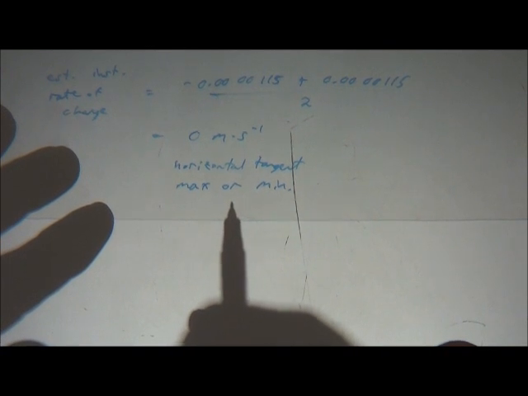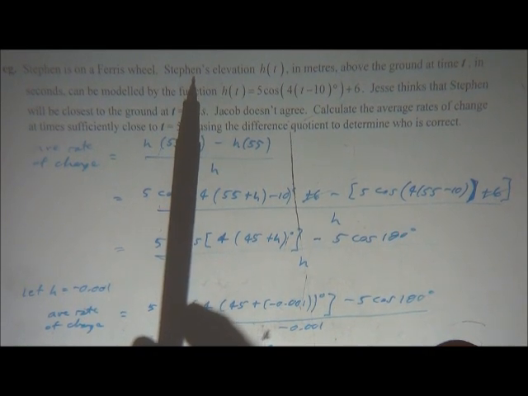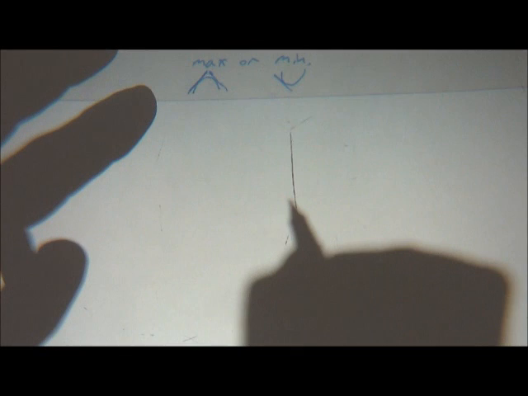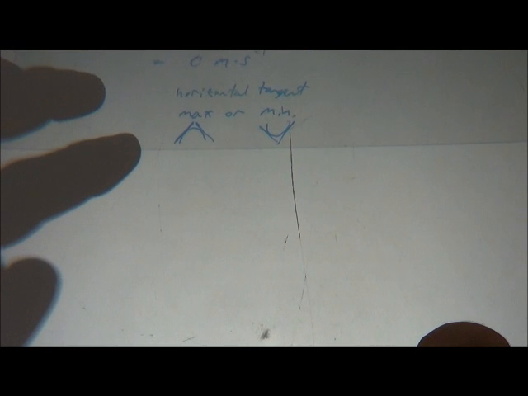Now the only way to figure this out, if it is a max or a min, meaning that either Stephen is the furthest away he could be or the closest to the ground, is if it's a maximum, then there should be a positive rate of change to the left of the max, a negative rate of change to the right of the max, or if it's a minimum, it would be a negative rate of change to the left and a positive rate of change to the right, in order to determine for sure if it's a maximum or a minimum at that horizontal tangent.